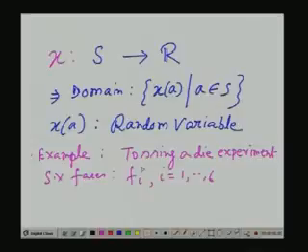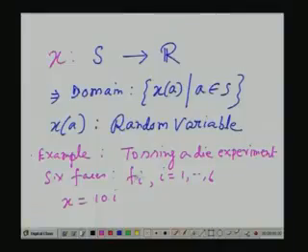The moment a particular outcome F I takes place, we find this variable X equal to 10 I, which means when F1 takes place, that particular value will be 10. If F2 takes place, it will be 20, then 30, 40, 50, 60. So every time you conduct this experiment, you get one particular value, 10, 20, 30, 40, 50, 60.